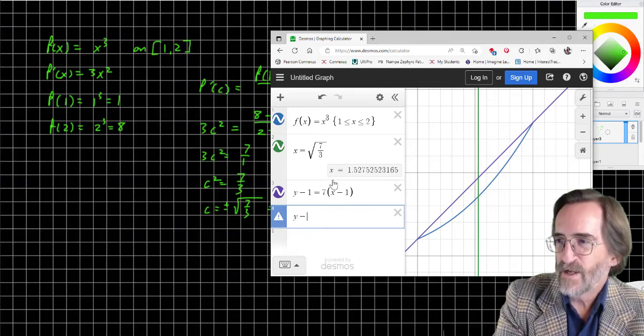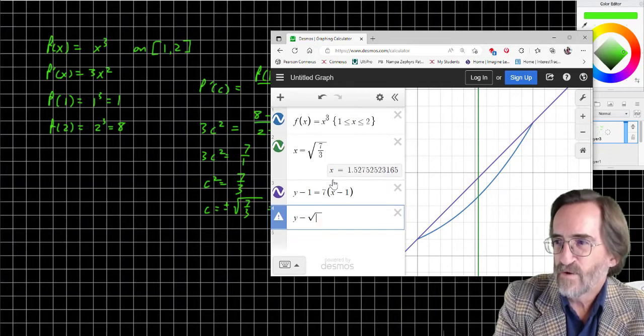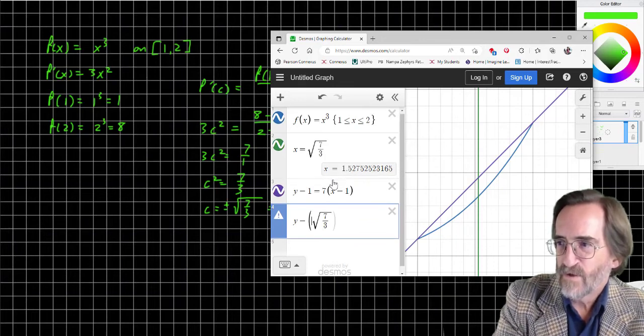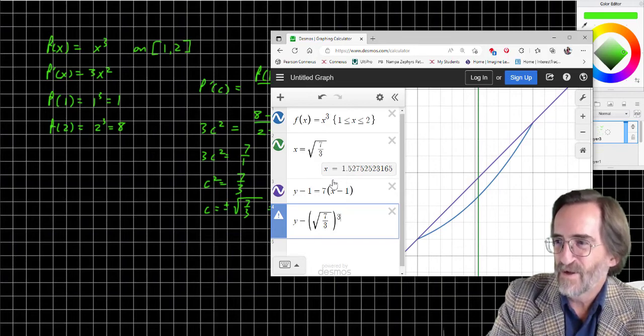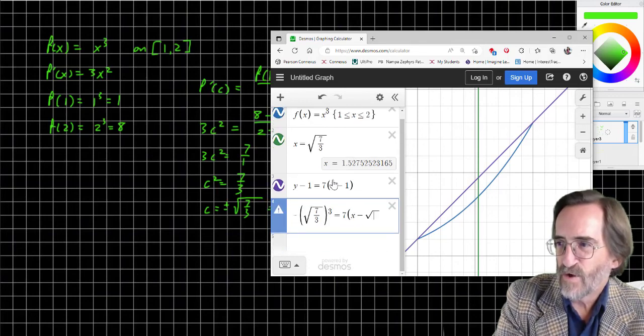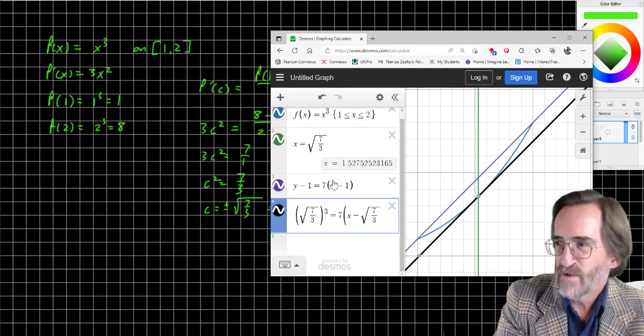And our tangent line is going to be y minus the y output, so the square root of 7/3 cubed. I'm kind of piecing this together a little bit at a time. Y minus that y value equals the same slope, 7, times x minus the x value, the square root of 7/3.